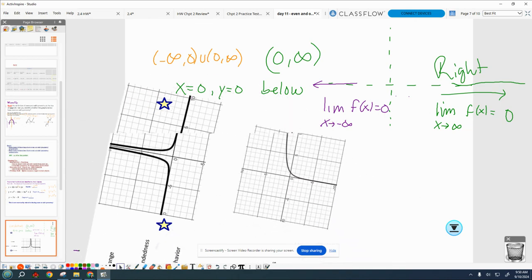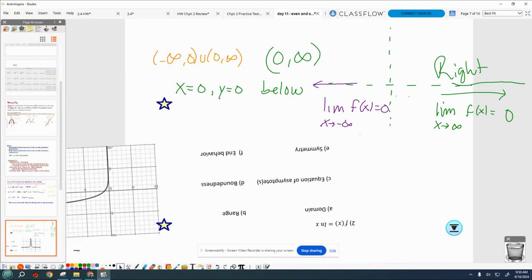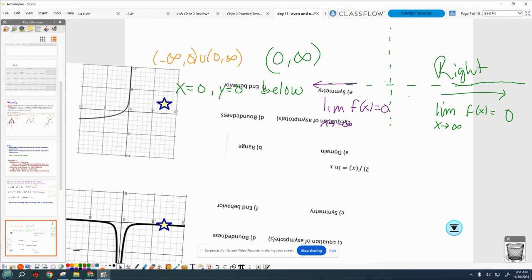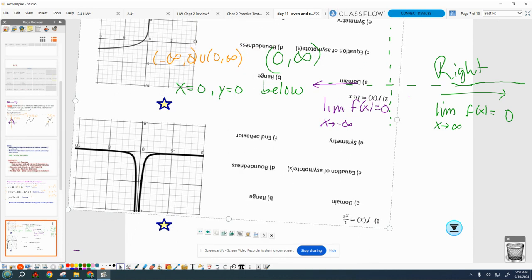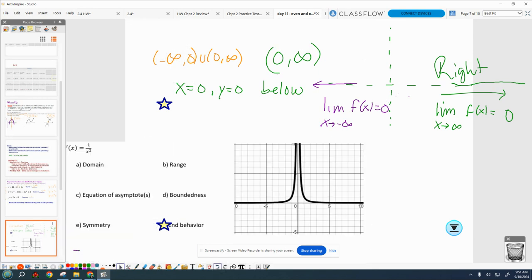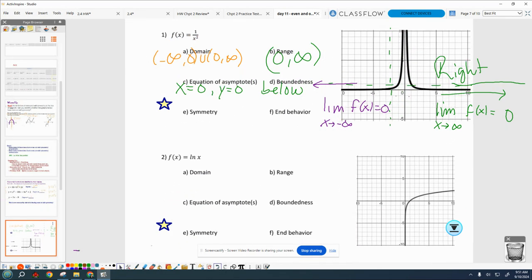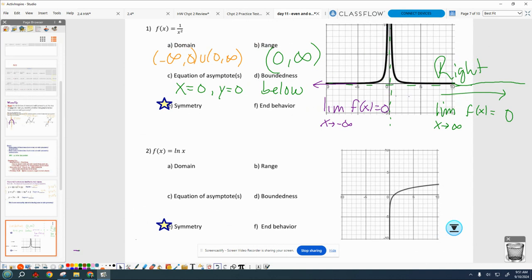Turning it upside down. Does it look like the same thing? Doesn't look like it to me. So, it's not odd.